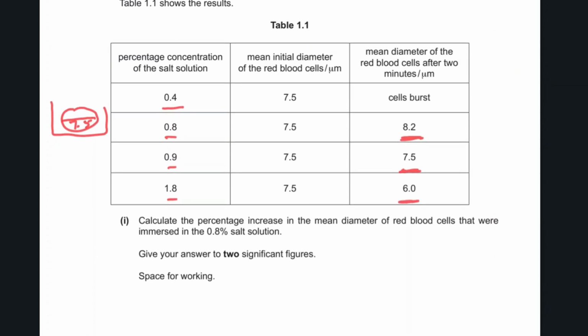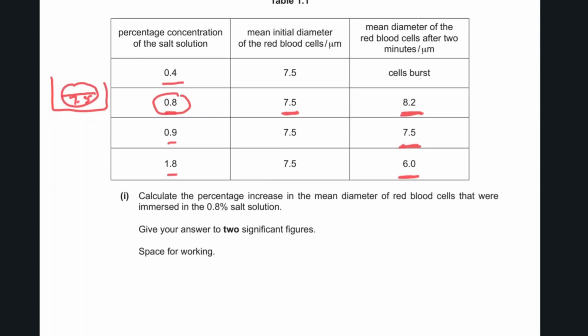Calculate the percentage increase in the mean diameter of RBC that were immersed in 0.8. So 0.8 is this one. This concentration was the initial and this concentration was the final. If we calculate the percentage increase, the formula is always final minus initial, divided by initial, times 100.